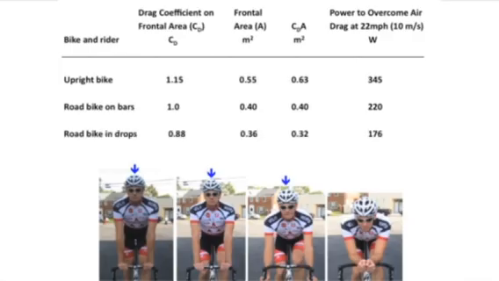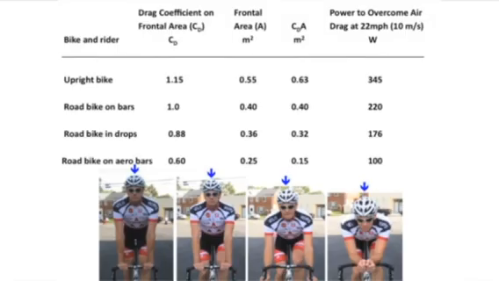Over here, Tom moves into his drops, and in that position, he has a more aerodynamic position, a smaller drag coefficient, a smaller frontal area, and a smaller CDA product of the two. And once again, the power to maintain 22 miles an hour continues to go down.